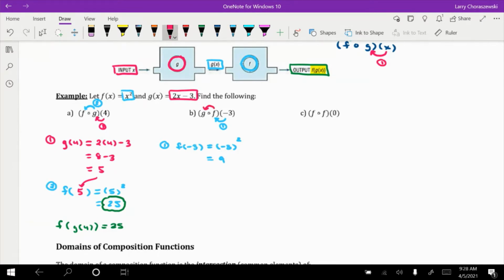And that +9 is going to get plugged into our function g of x. So we're looking at 2 times 9 minus 3. 18 minus 3 should get 15. Did we get 15? All right, so this means g of f of -3 is equal to 15.